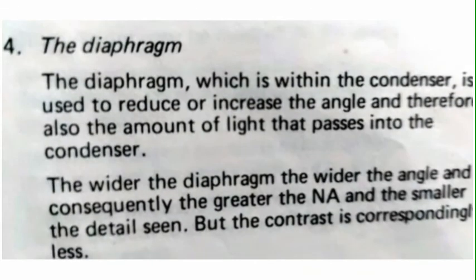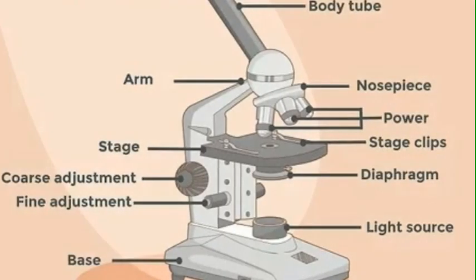Fourth part, the diaphragm, which is within the condenser, is used to reduce or increase the angle and therefore also the amount of light that passes into the condenser. The wider the diaphragm, the wider the angle.